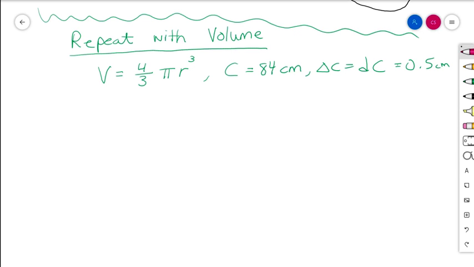All right, so hopefully the first thing you guys did, since we have circumference and our formulas are in terms of radius, you remembered that circumference is 2 pi r. So r is c over 2 pi. And you made that substitution for r.